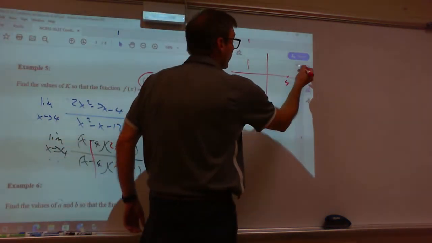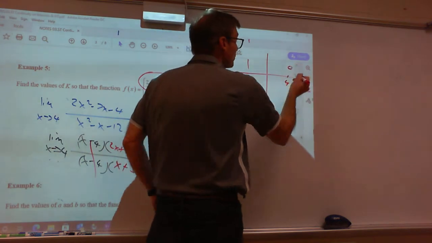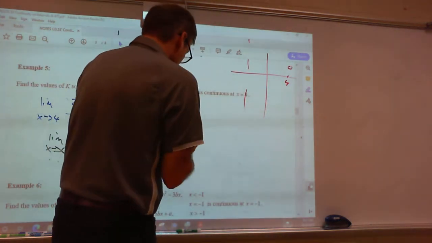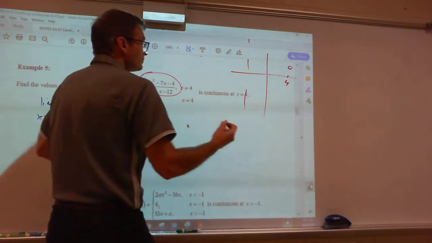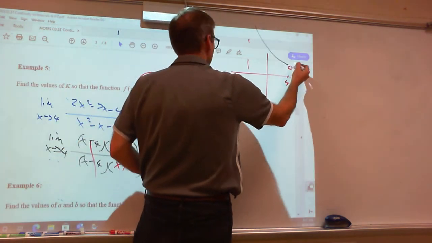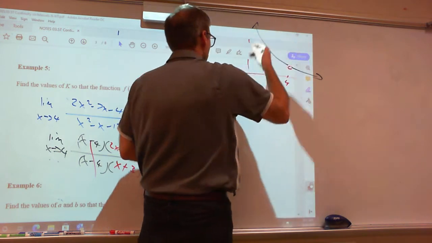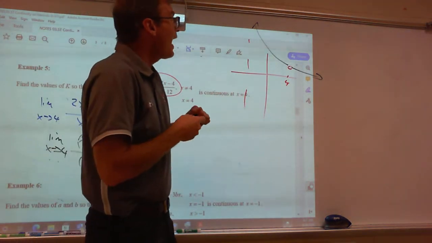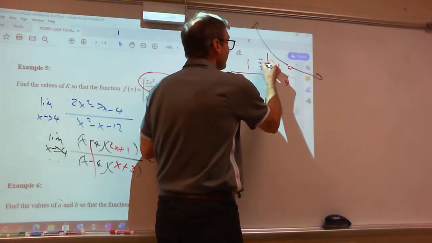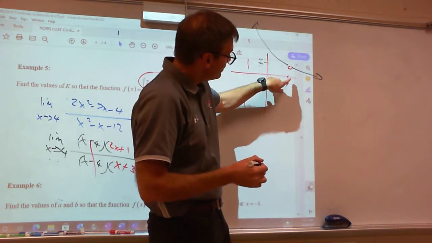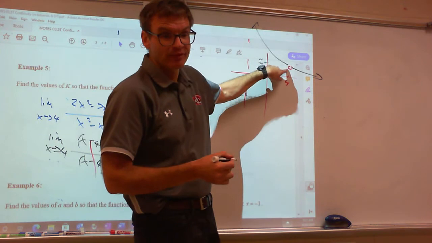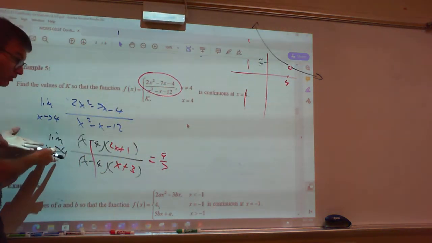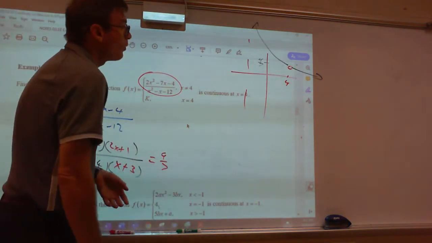So here's 4, and then 9 over 7, a little bit bigger than 1, we have a hole. I don't know what the graph's doing, I really don't care. All I know is, at 4, I've got a hole, and that hole is at a height of 9 over 7. And the reason we know that is we computed our limit. They're saying the graph is going to this particular y value.